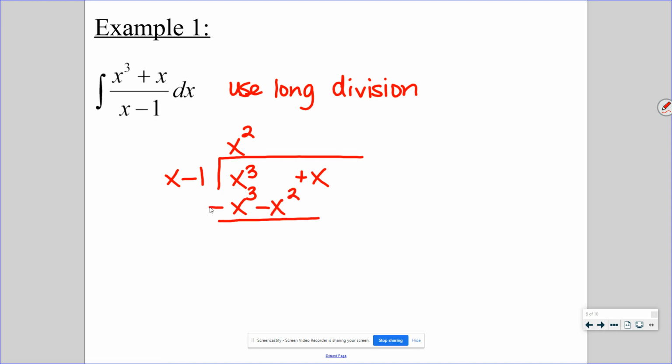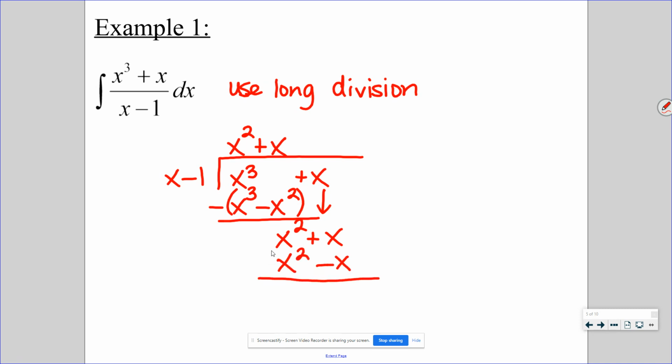Okay, the next thing is to subtract those terms. You would have no x to the thirds and a positive x squared. Bring the next term down, which is an x, and repeat. So x times what is x squared? That would be x. Multiply x times x minus 1, so it would be x squared minus x.